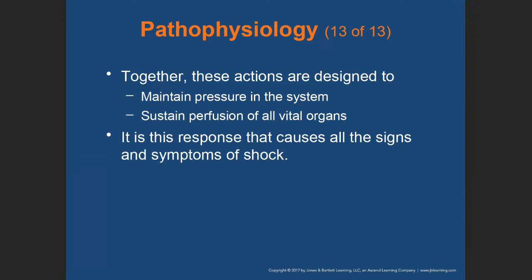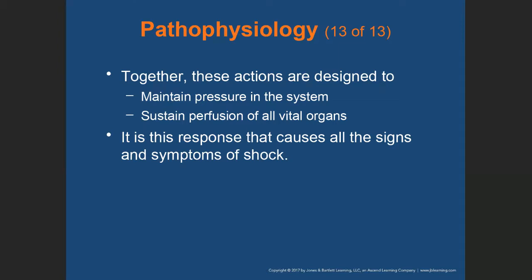So the pulse is going to become tachycardic, and tachycardia is a pulse rate that is over 100. Bradycardia is a pulse rate that is below 60. So the pulse rate is going to become tachycardic because blood is being redirected from the peripheral area of the skin.